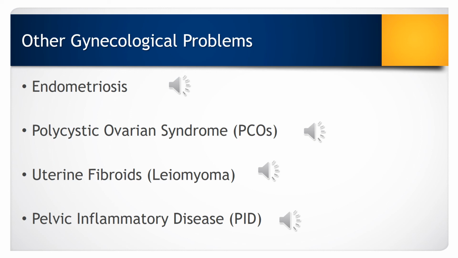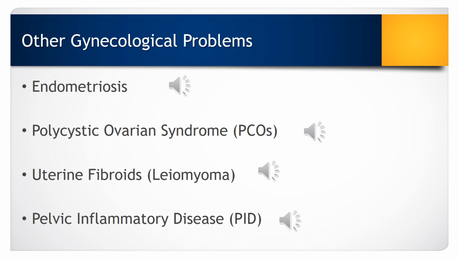Women can have multiple uterine fibroids at once. And so if you imagine the structure of the uterus and you have large or any type of abnormal growth within the uterus, that can cause problems.